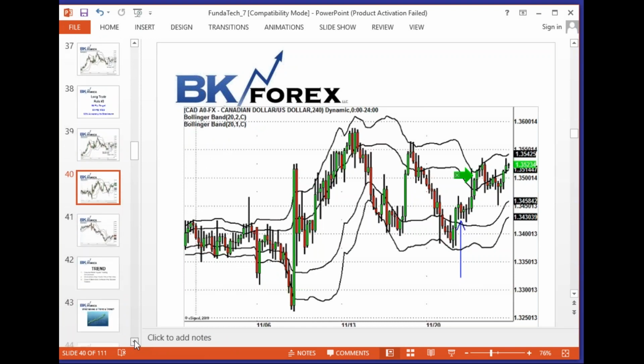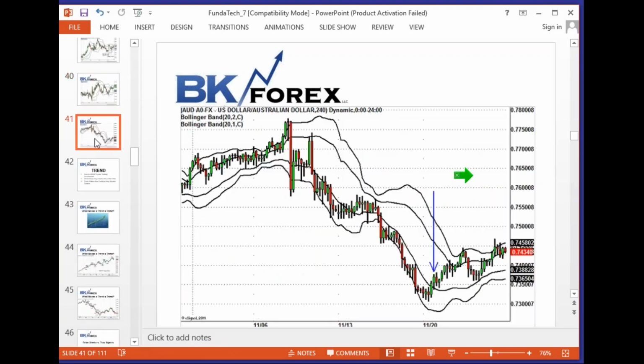And I think I have another example here of picking tops and bottoms using the double Bollinger Bands. Here, Aussie is selling off, selling off, selling off. We wait for it to rally and rise back above the first standard deviation Bollinger Band.